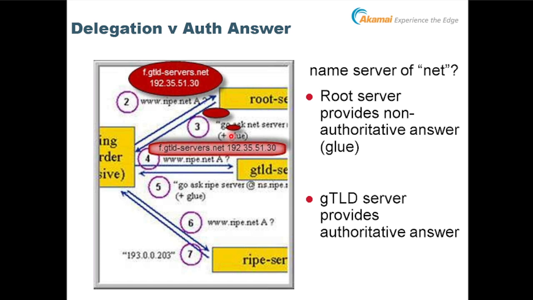In order for DNS delegation to work, it has to do it, but it's really not the owner of the data. And so if I want to see what the IP address of f.gtld-servers.net is, CacheServe would ask this server. It would not ask the root server.